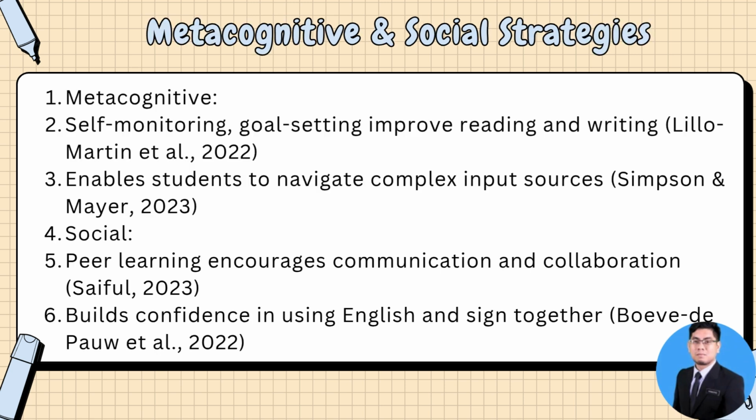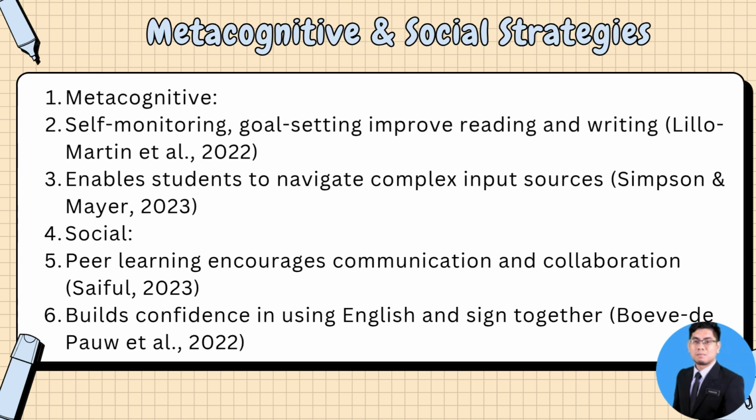Next, effective strategies. We are going to cover metacognitive and social strategies. Metacognitive strategies allow students to take ownership of their learning by setting goals, monitoring their progress, and adjusting their approaches. They become more engaged and successful, especially when dealing with multiple forms of input: signed, spoken, and written English.